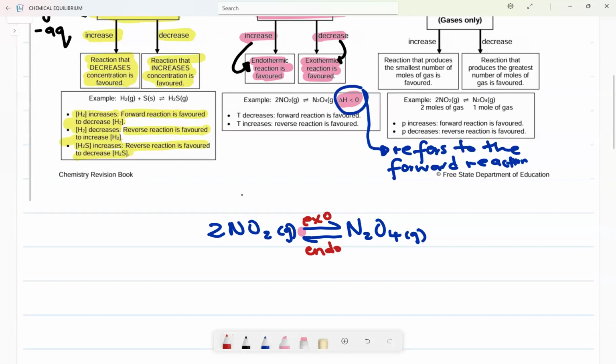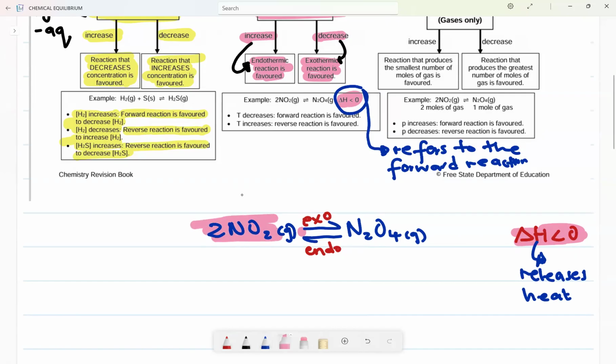Now, another thing that I like to say, I already told you that change in H is less than 0. What does that mean? It means it is an exothermic reaction, right? And exothermic is a reaction that releases heat. Meaning the reaction will produce N2O4 plus heat.